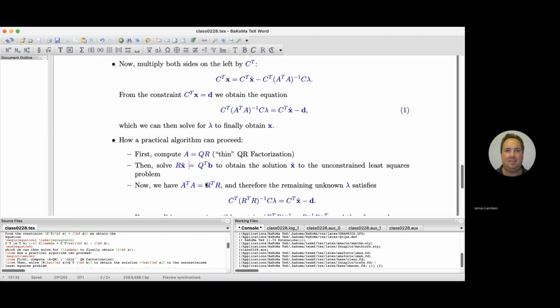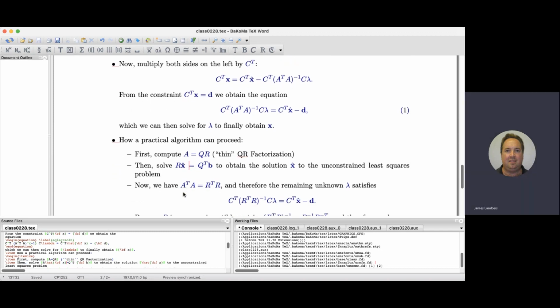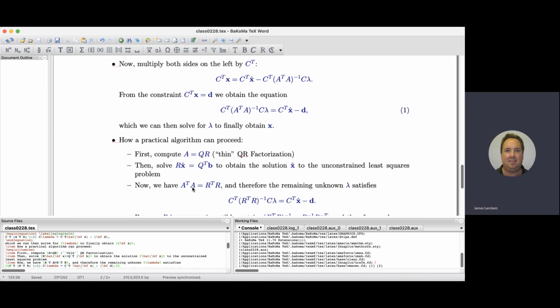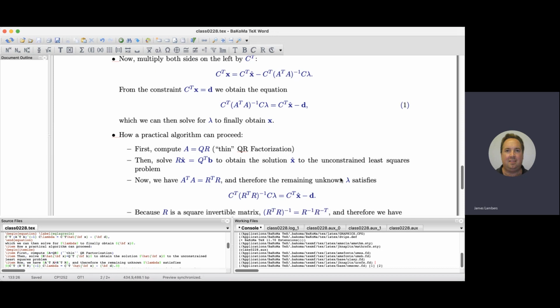Now, A transpose A is the same as R transpose R. You would see that if you replace A with QR and work it out, because you get a Q transpose Q in the middle, which is the identity. So I'll replace A transpose A with R transpose R in here. That's a step towards simplifying this, but we still don't want to form this matrix explicitly.